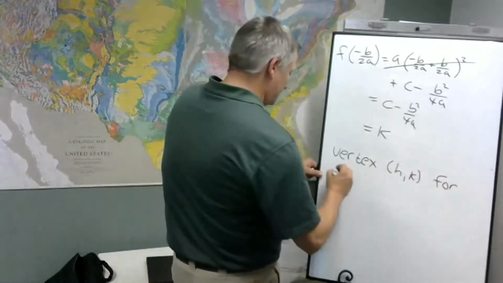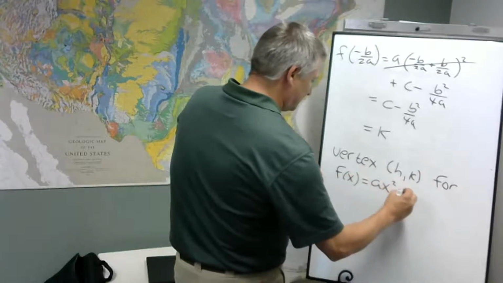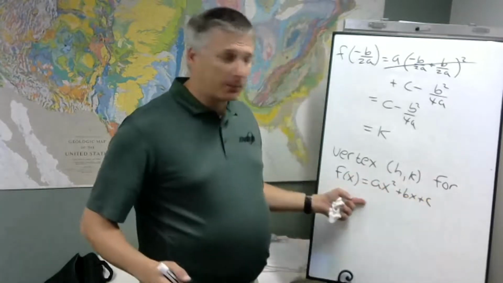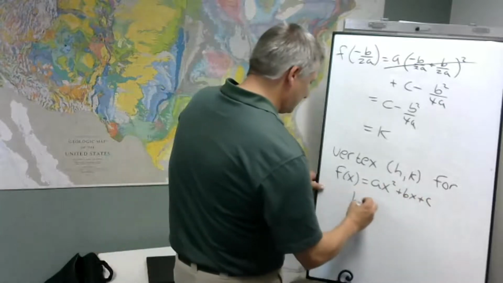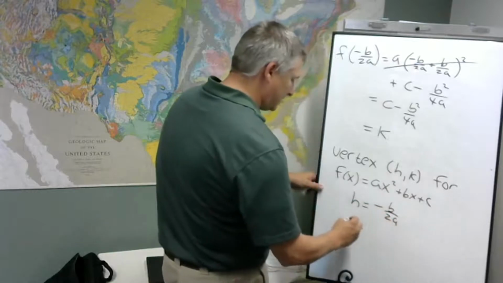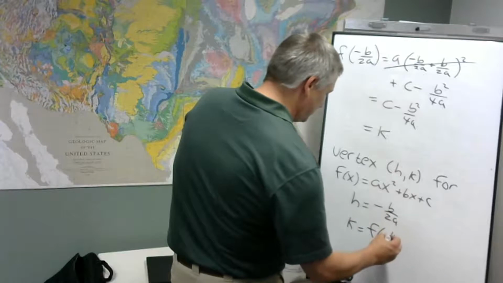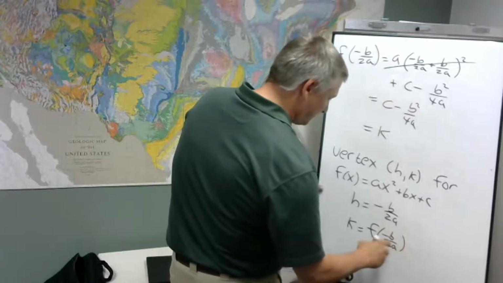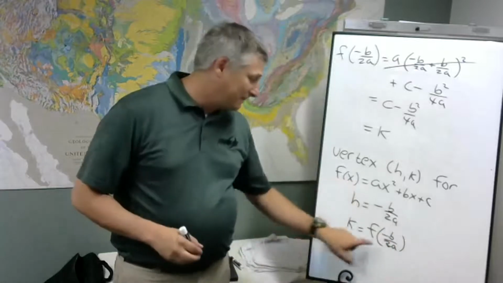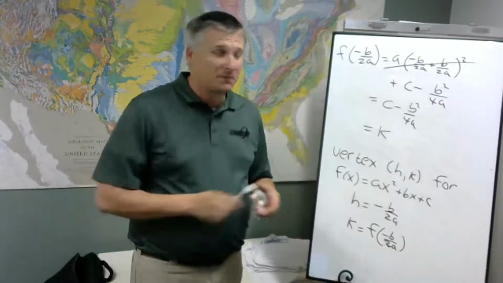We're in the form of a quadratic function, something like this. If we're in this form, h is negative b over 2a, k is f of negative b over 2a, whatever that happens to be. And that's it. That's how we find the vertex.